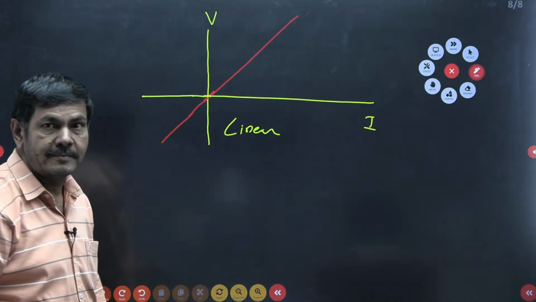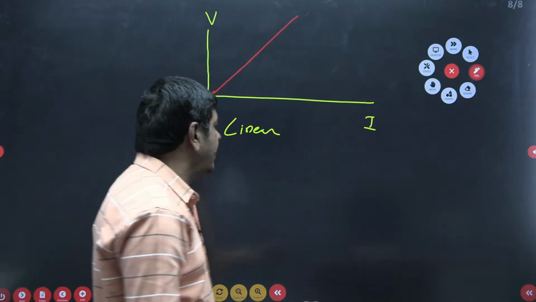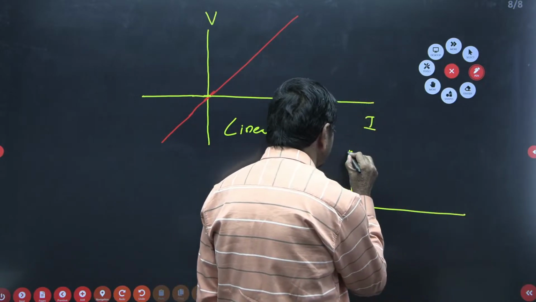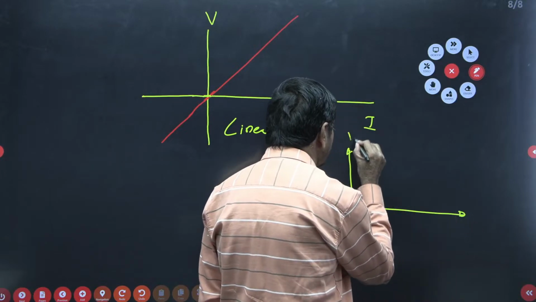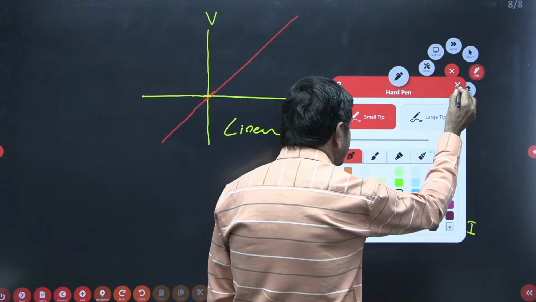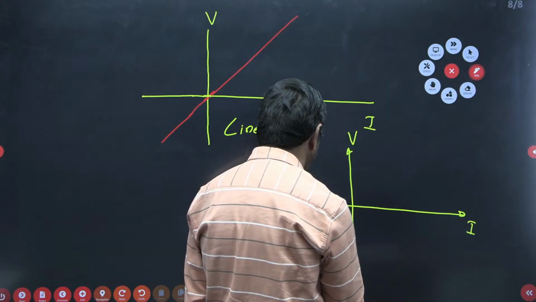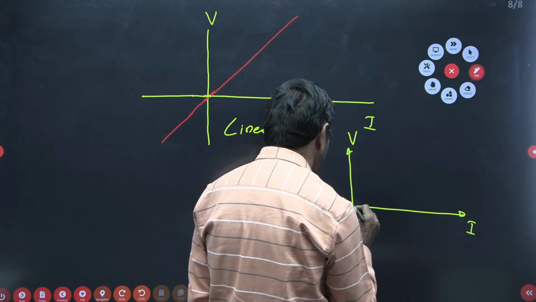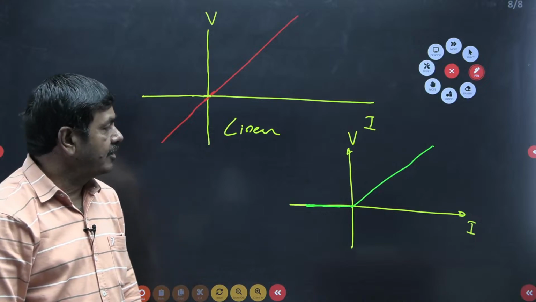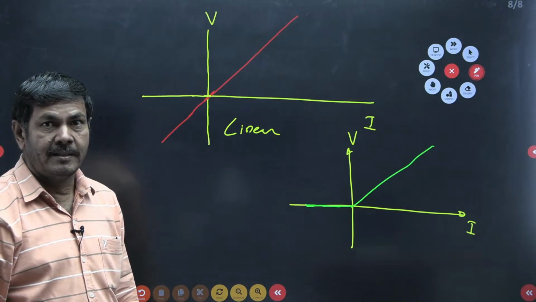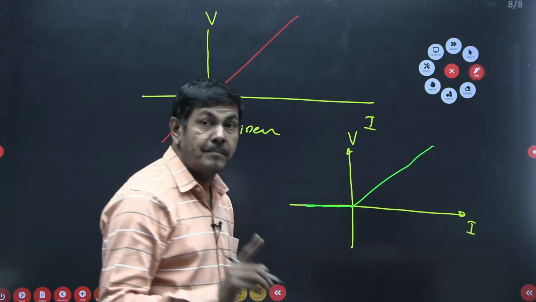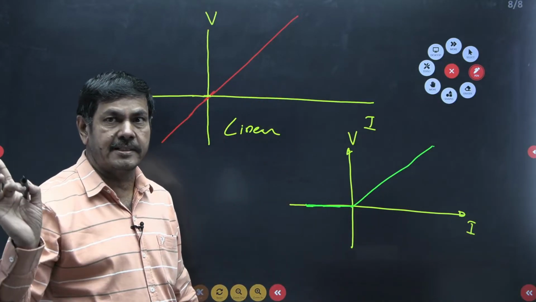Sir, suppose any student says, I will draw the diagram in this way. Can you say it is linear? The voltage versus current I want to draw, and I got the shape of the curve in this way. Can you say it is a linear curve? No. The condition given is that the VI characteristic curve must be a straight line and must pass through the origin.